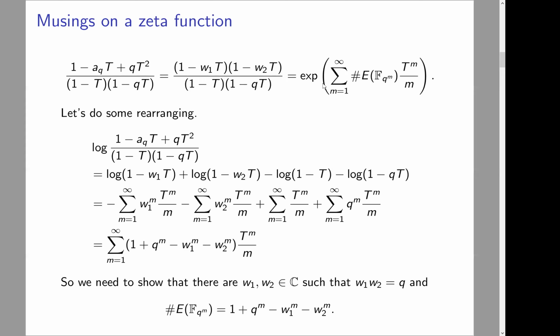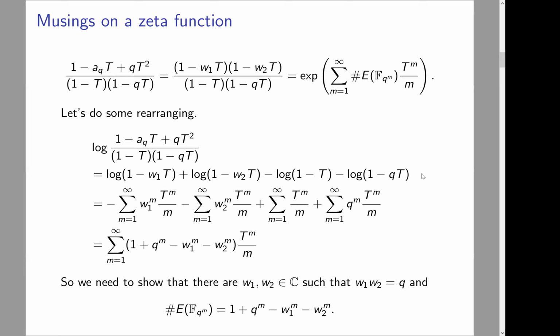Now, I'm going to take log of both sides and do some rearranging, and then I'll look at matching up the coefficients. So taking log of the left-hand side, well, we split up the log over the products and quotients, and we get these sums and differences of logs of each of these linear terms. Log of 1 minus w1t, log 1 minus w2t, log 1 minus t, log 1 minus qt.